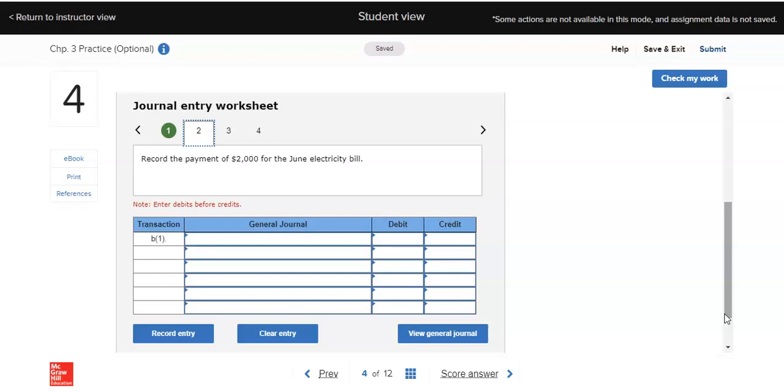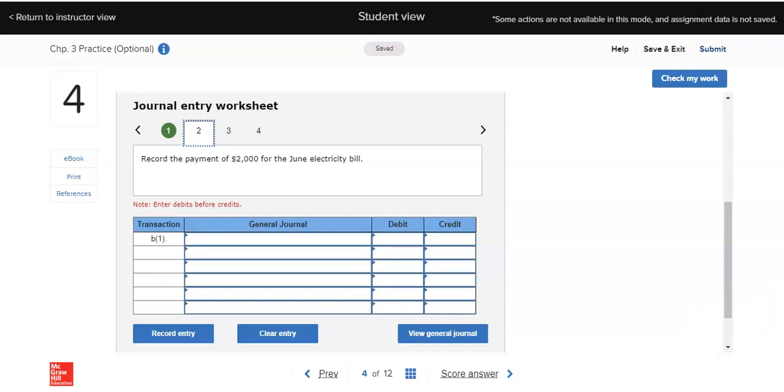Okay, so now we're paying something that we recorded the expense for last month. If we're paying something, we're giving up cash. What are we receiving? We're receiving release from our debt, the accounts payable. So we are reducing the liability accounts payable.